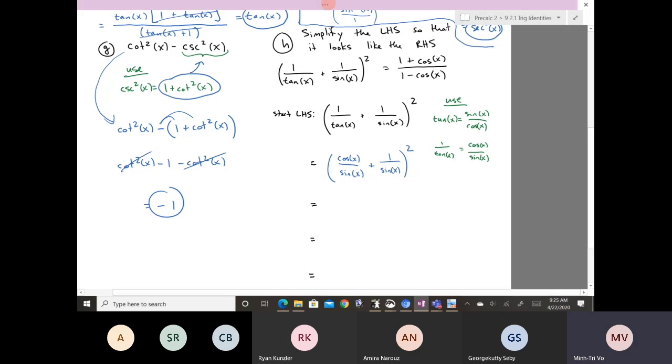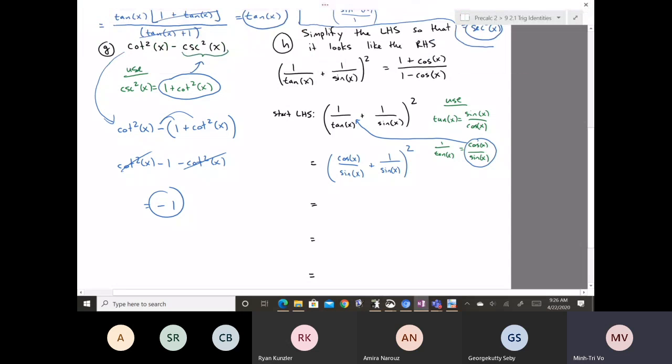Right, so I'm making this substitution into here. Well, into this thing. Okay. So now I have two fractions with the same denominator.